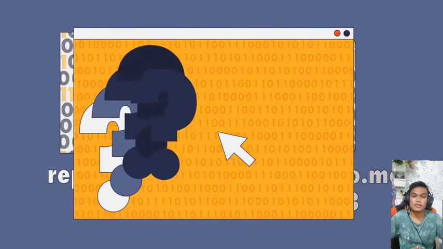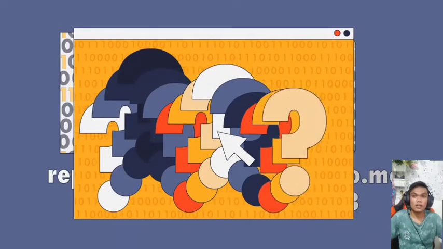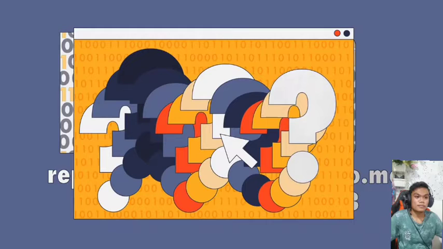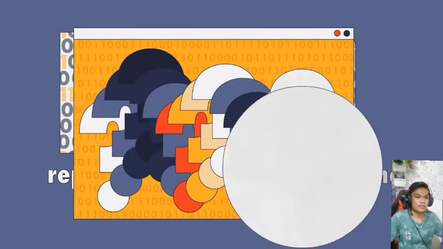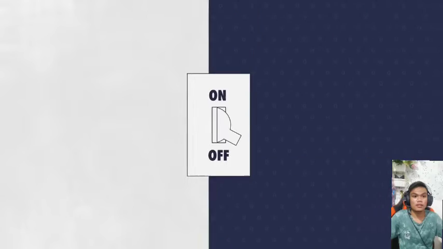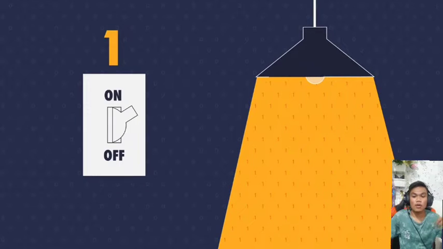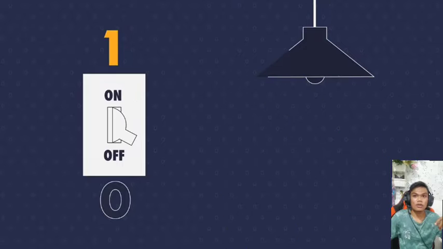So how exactly do 1s and 0s come together to allow a computer to function? Let's think of binary as a light switch. Imagine that 1 represents the light switch being on, and 0 represents off. With binary, the light is either on or off, with no other possible states.